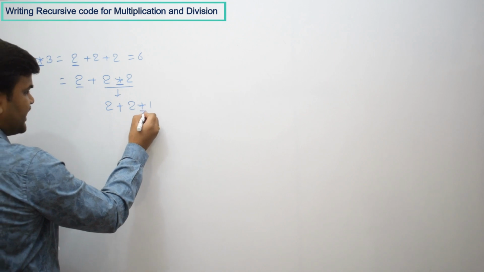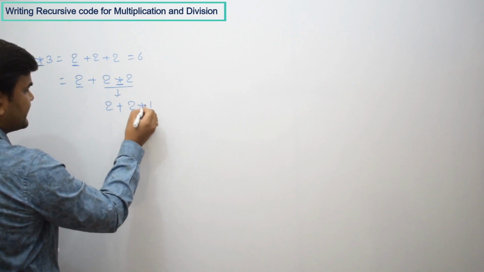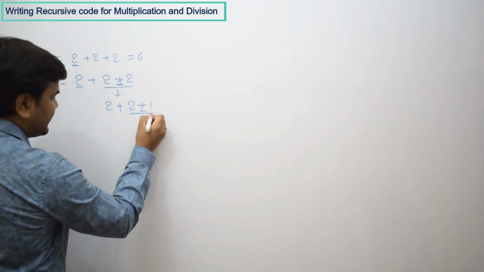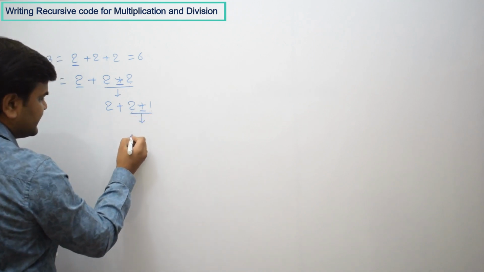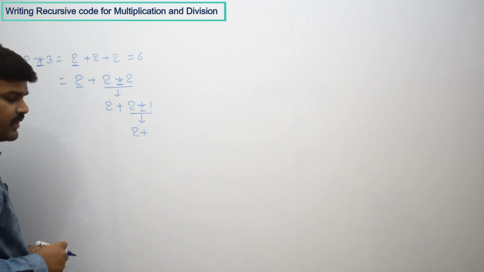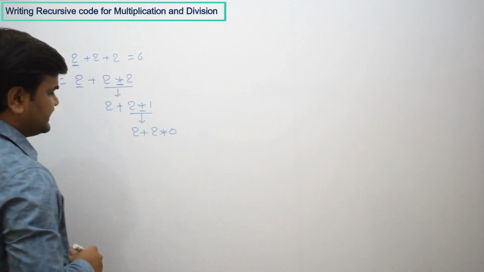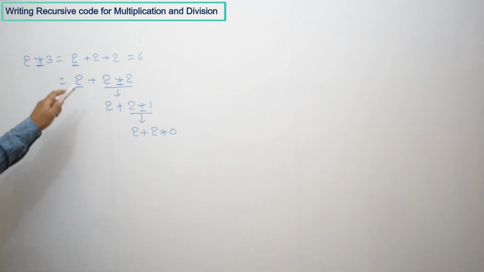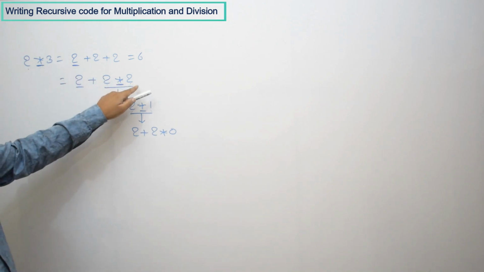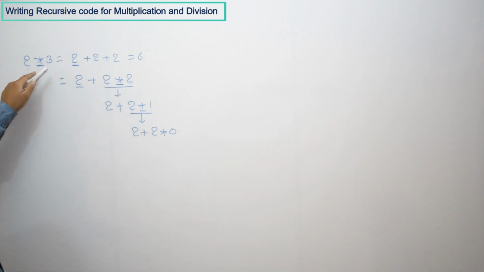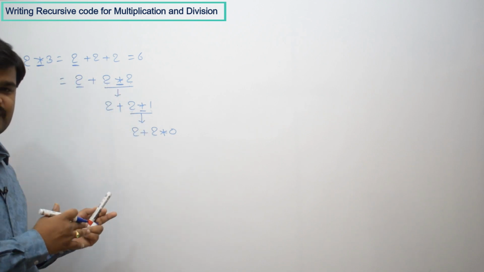Again the same operation but with different parameters. Even here you have to find its result. If you add 2 one time, then you have to add 0 times. So you started with 3, then 2, then 1, then 0. But this parameter is not changing, that you have to observe, because you have to write it as code.